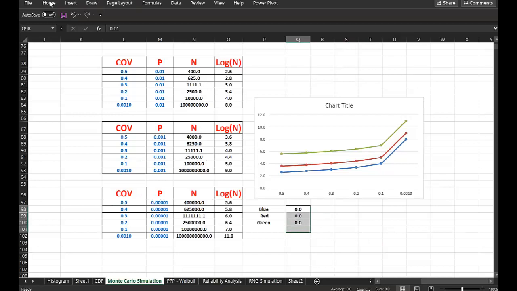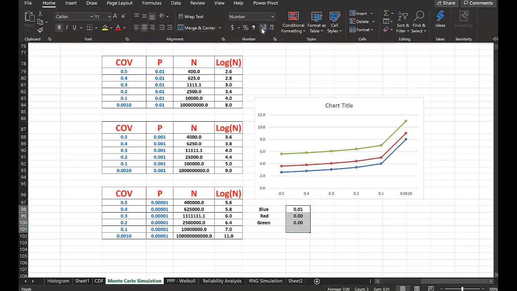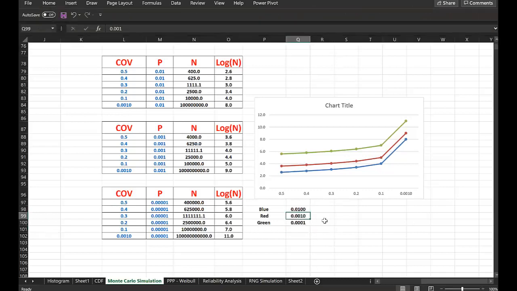Let me check this. So the first is 0.01, the second is 0.001, and the third should have one more zero. So this is the graph we can see.